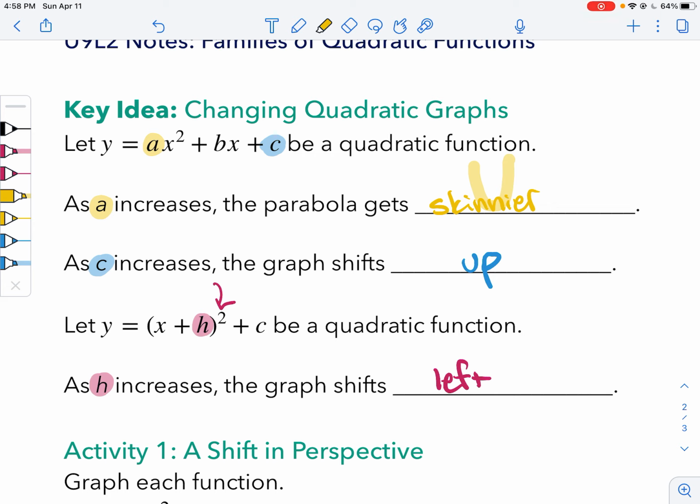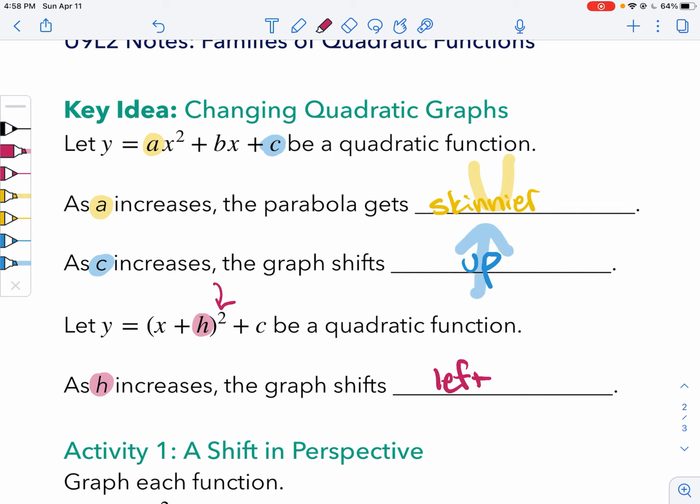Changing c to be bigger means your graph shifts up. And changing h to be bigger makes your graph shift to the left. I'll just leave them, and we can keep referring. Those are the shortcuts.